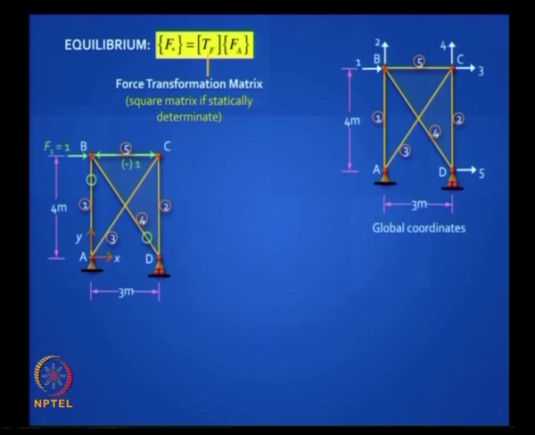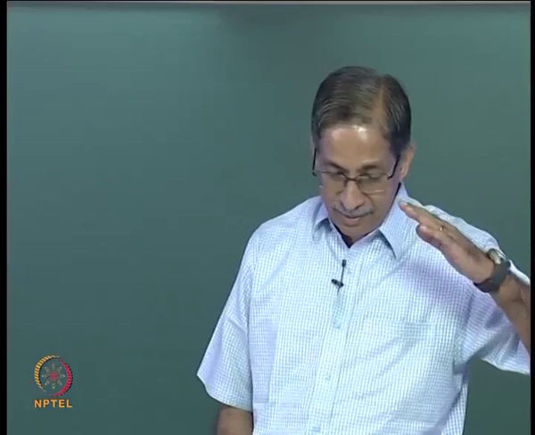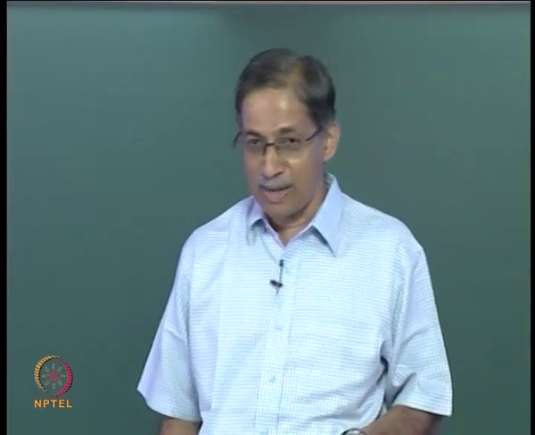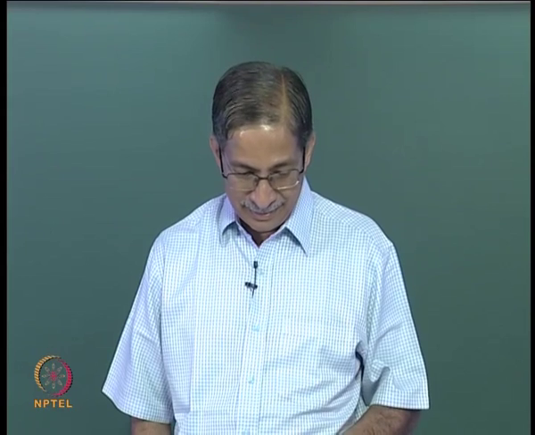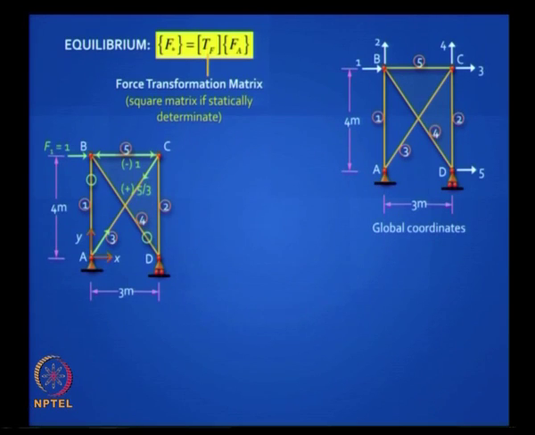Then you go to joint C. What's the force in bar 3? The horizontal component of the axial force in bar 3 must be equal to 1. So plus or minus? Plus. Very good. Then the vertical component of this must be the force in bar 2. How much is that?